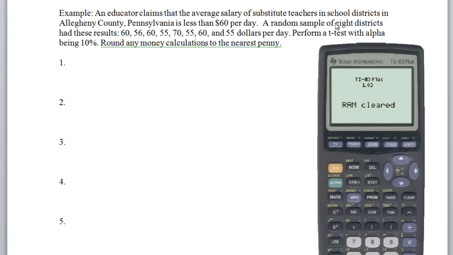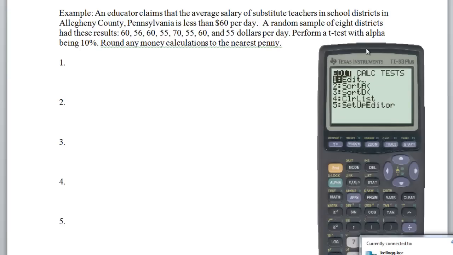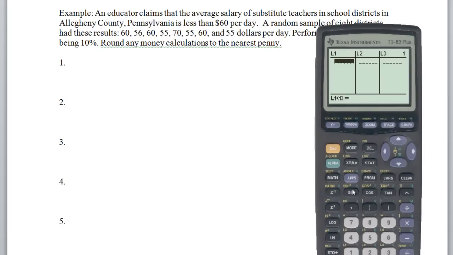We've got a random sample of 8 districts, and we're talking about accusing a school district that the average salary of the substitute teachers was less than $60 per day. So we're going to type this data into our calculator, and we're going to get some information here.